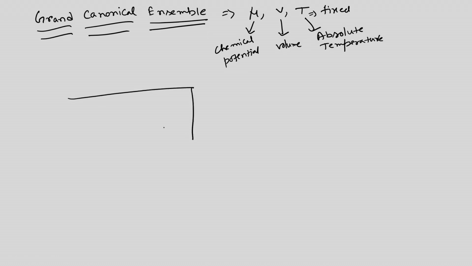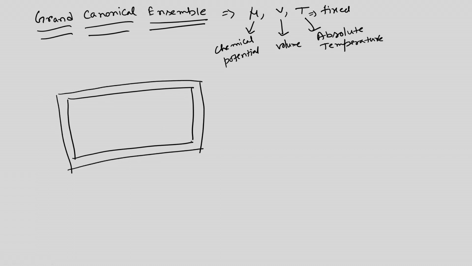We can represent the grand canonical ensemble with a diagram like this. Here mu, V, T are fixed.